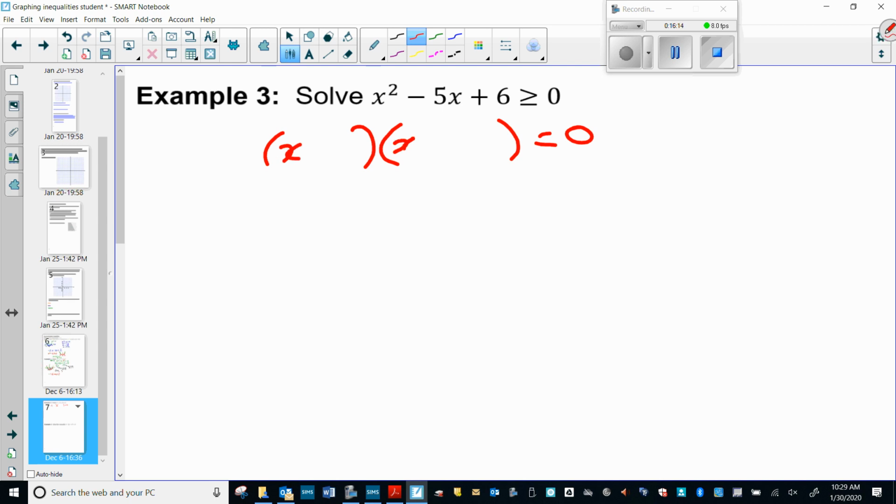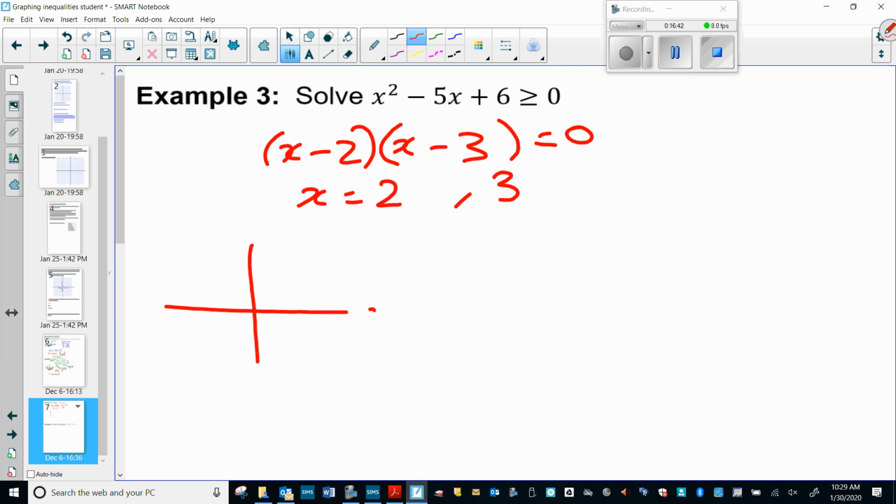So we're looking for two numbers that multiply to give +6 and add to give -5. Minus 2, minus 3. We know they are both the same sign because the end number is positive. We know they are both negative because the middle number is negative. So that means that our two values are +2 and +3.